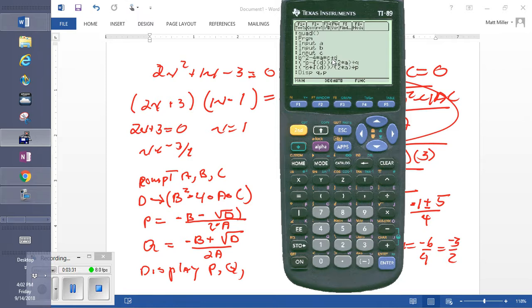You want to assign that computation value, b squared minus 4ac, to a variable d, okay? There is no plus or minus sign. So you can see I entered negative b plus radical d over 2a and negative b minus radical d over 2a. I've assigned each of those to another value, p and q, okay?